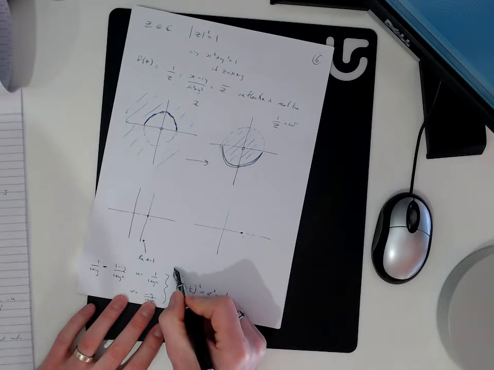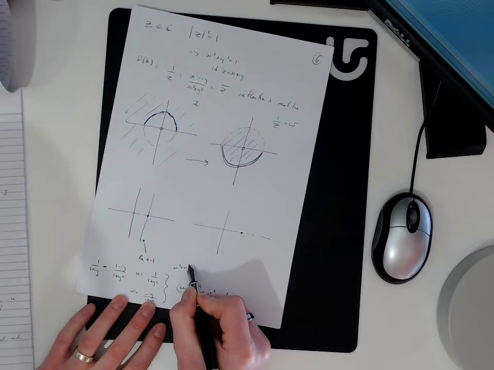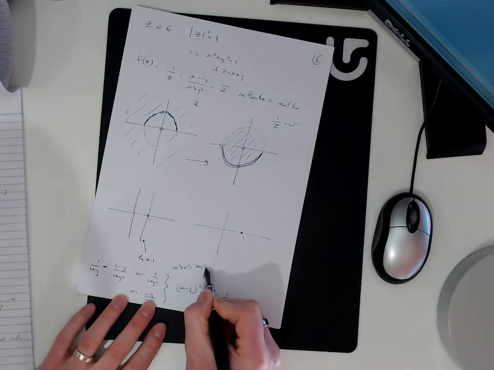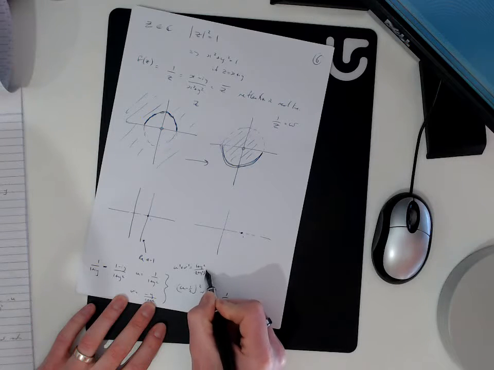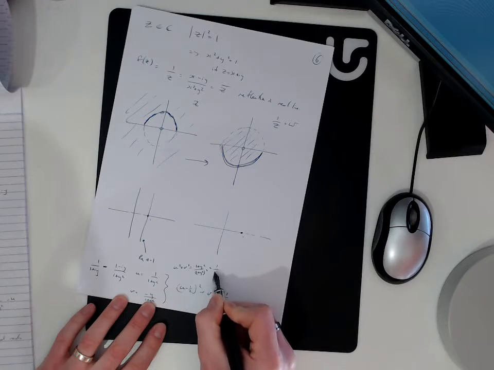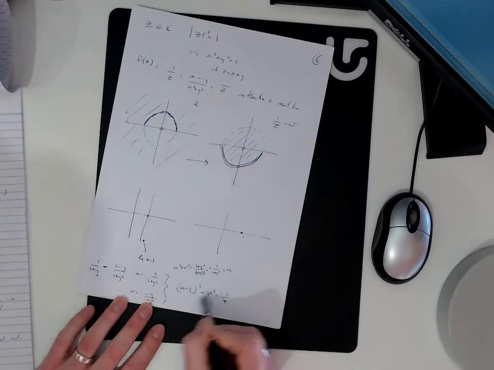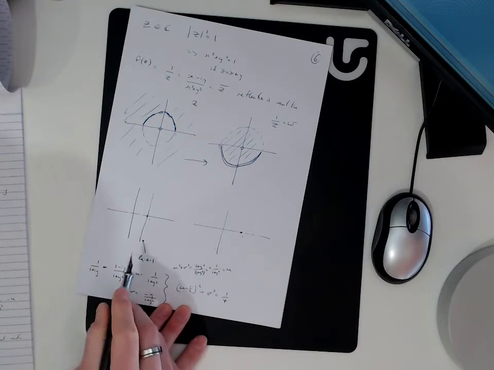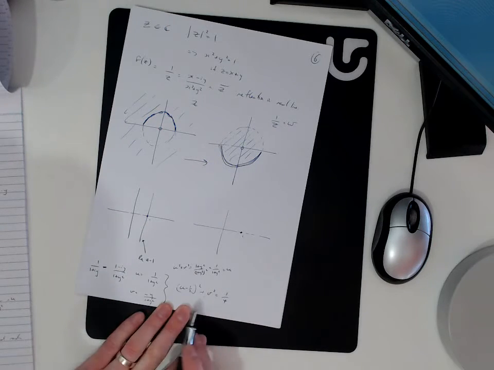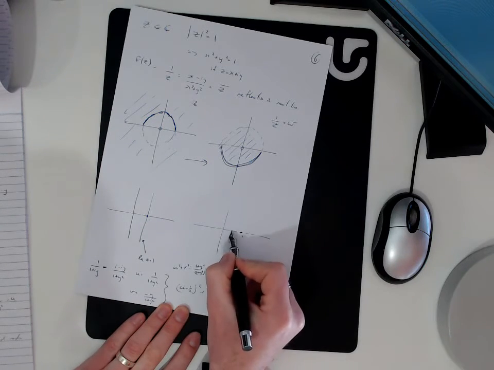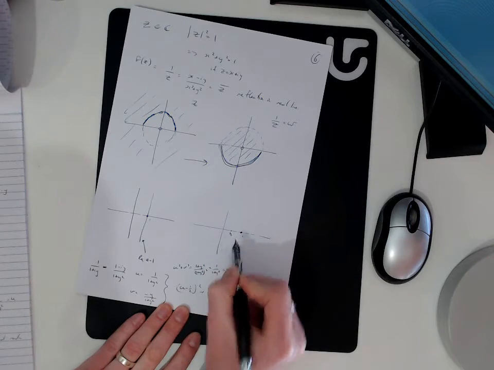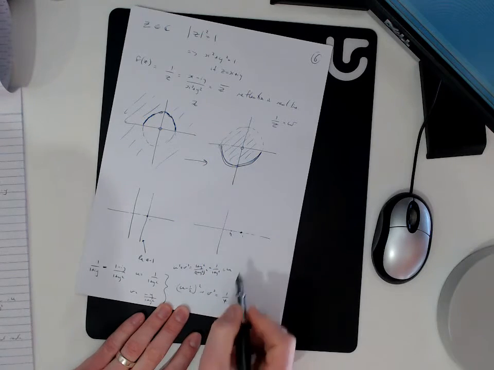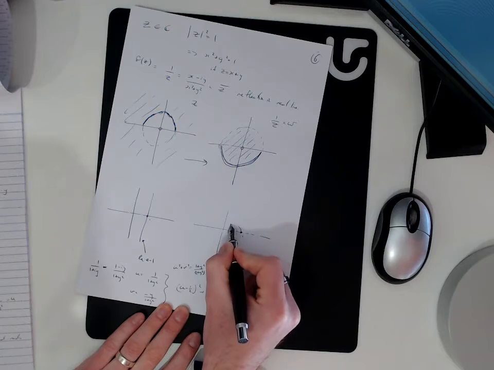I noticed that u squared plus v squared is equal to 1 plus y squared over 1 plus y squared squared, which is 1 over 1 plus y squared, equals u, and then complete the square to work this out. So the image of the line real part equals 1 is a circle, and that circle has center 1/2, and its radius is 1/2.